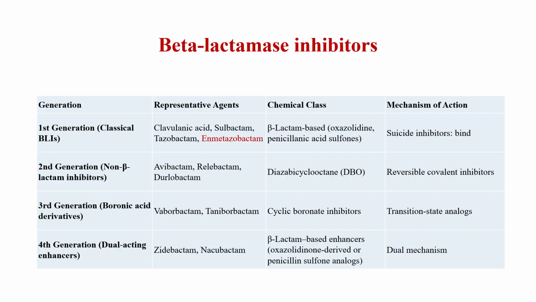The first generation has clavulanic acid, sulbactam, tazobactam, which we keep discussing. If you compare a beta-lactamase with a pair of scissors, beta-lactamase inhibitors are different compounds which inhibit the scissors from cutting through the beta-lactam antibiotic. We can compare first generation beta-lactamase inhibitors with a cloth, second generation with a metal foil, and third generation with a magnet, right?